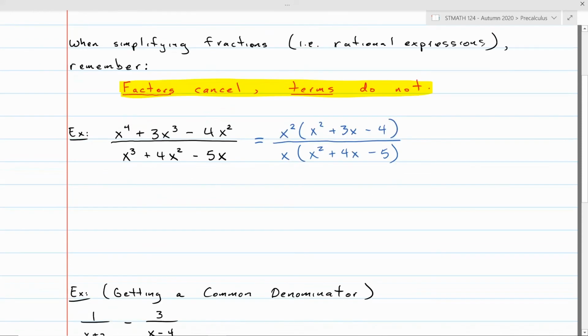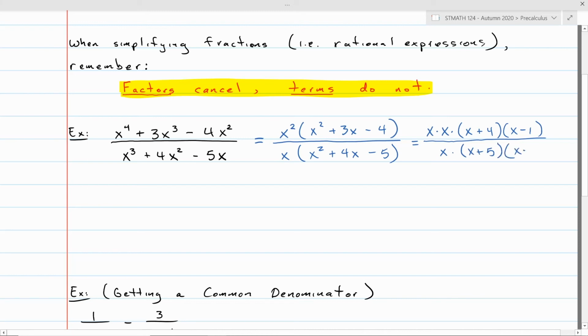And just for emphasis, I'm going to write that x squared is x times x. And then I noticed that that x squared plus 3x minus 4 can factor as x plus 4 times x minus 1. And then down in the denominator, I've got x times, looks like I could factor that as x plus 5 times x minus 1.